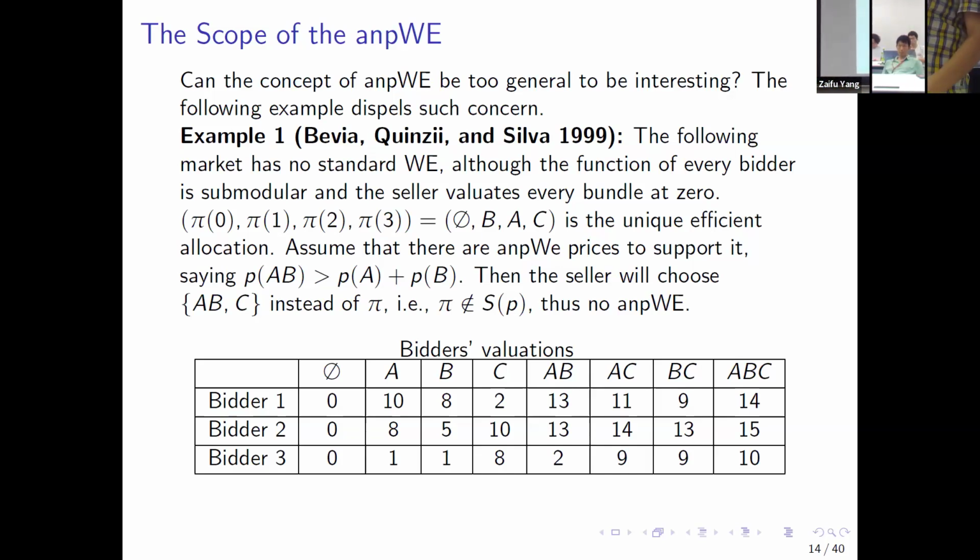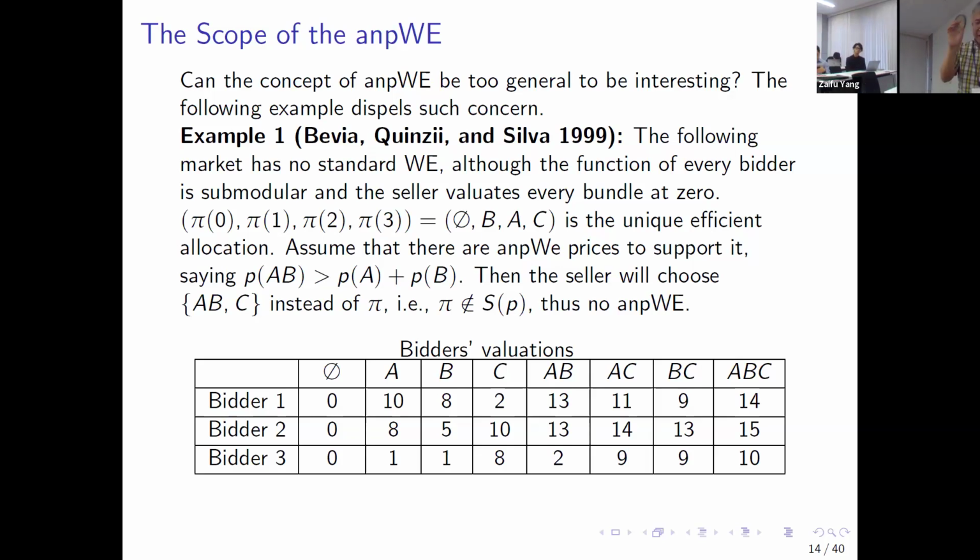So as long as you have such a situation, there are no anonymous nonlinear variation prices to support this unique efficient allocation. Is this clear? Yeah.